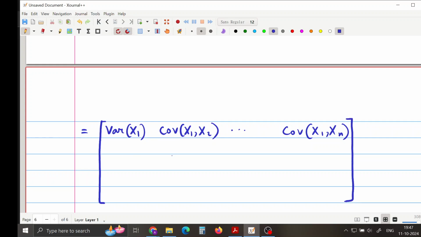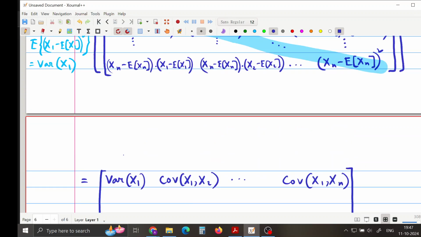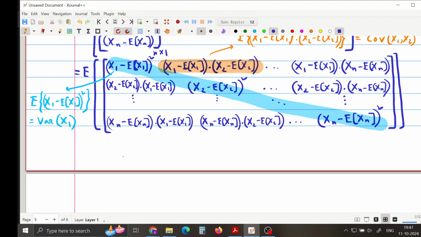What about the 2 comma 1 element? That is the covariance of x2 and x1.